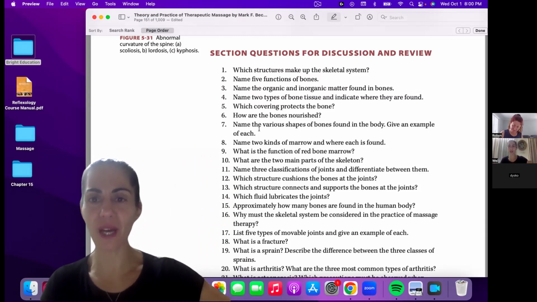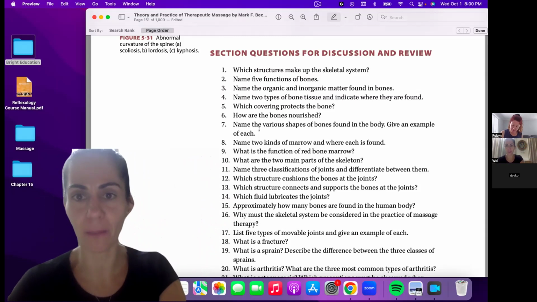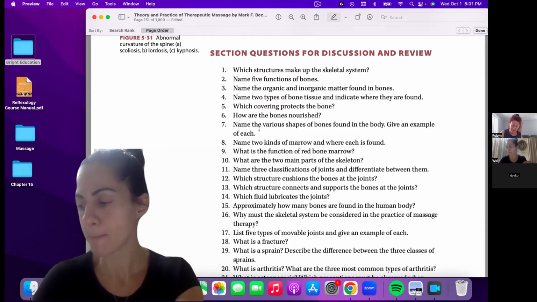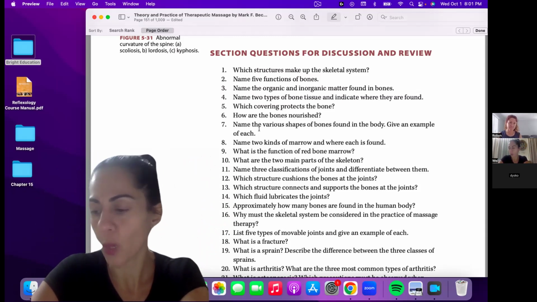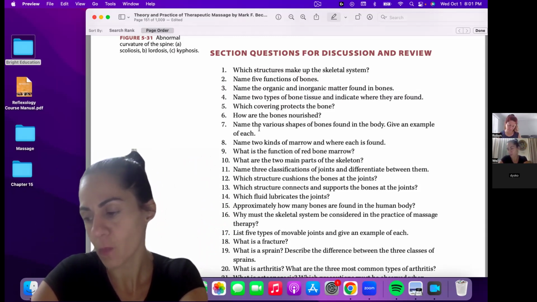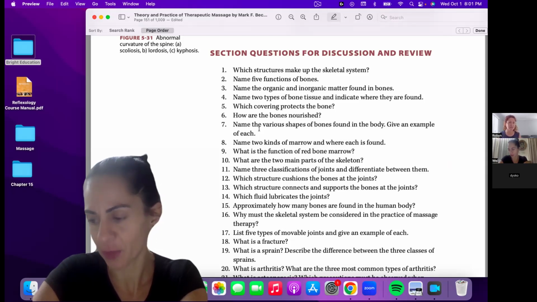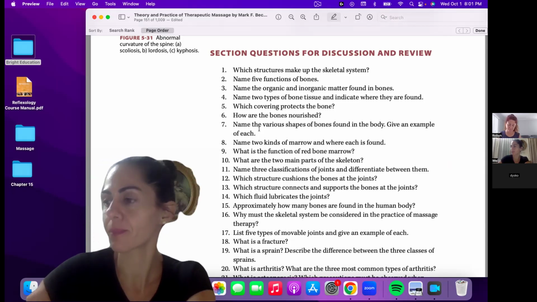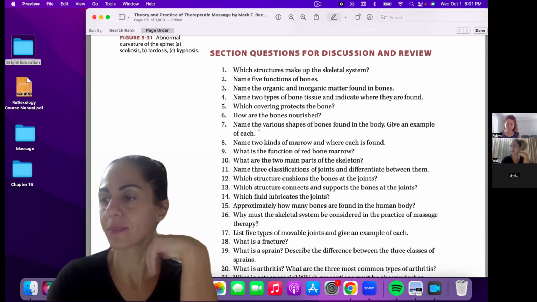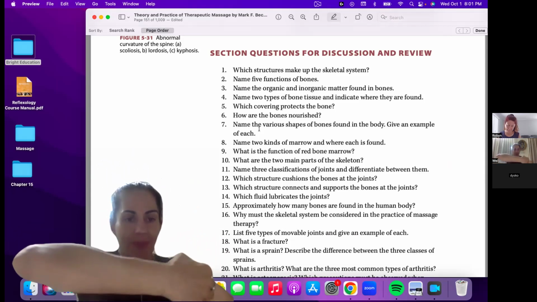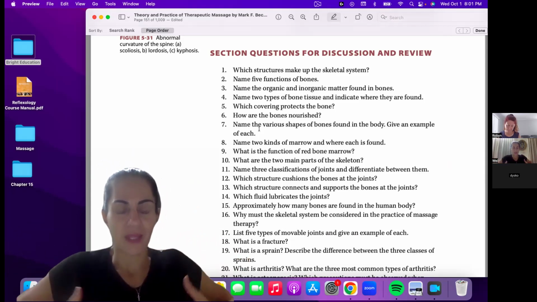Number 2, name functions of the bones. Produce blood cells. Yeah, white and red blood cells, correct. For structure. For structure, correct. It houses the organs, right?